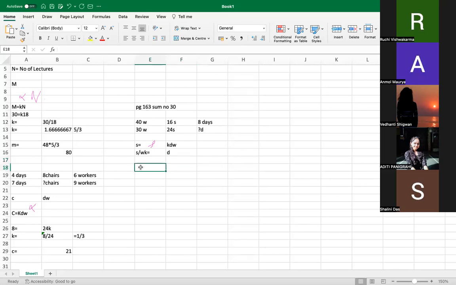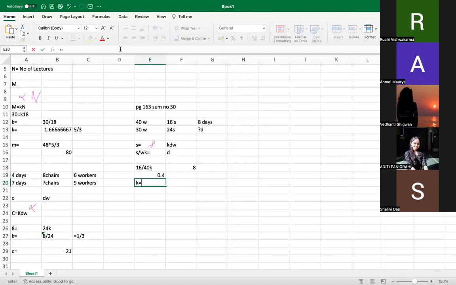So now D is going to be 16 by 40, which is equal to 0.4.